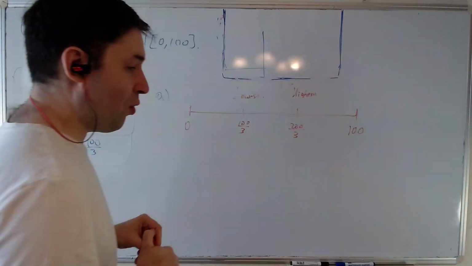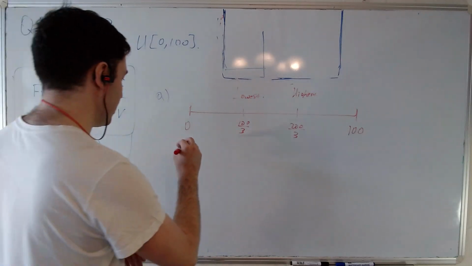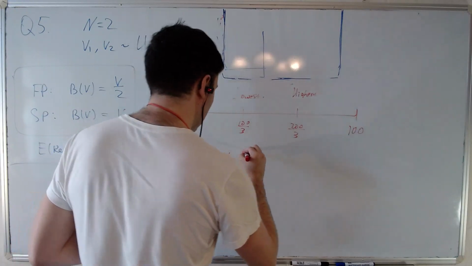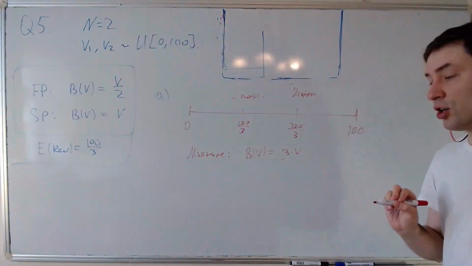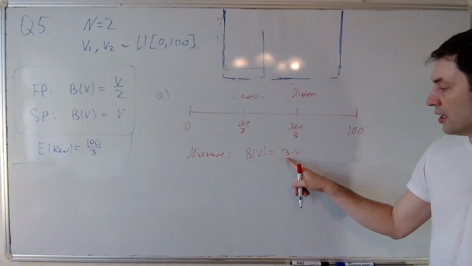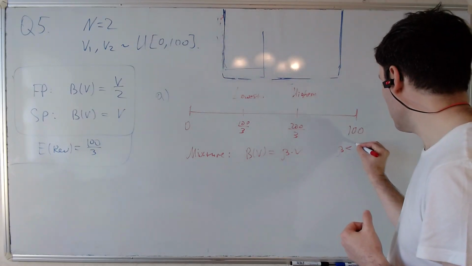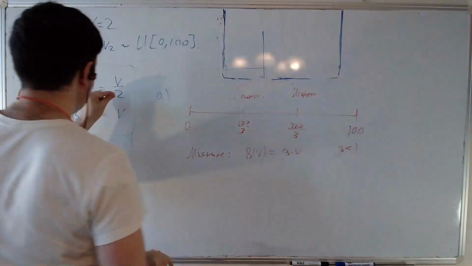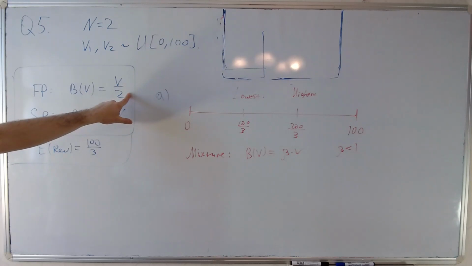So now in this new auction, the mixture, we will assume that bidders are using similar linear bidding functions. They take their value and multiply it by some kind of coefficient. Note that we expect this coefficient to be less than 1, because the mixture is somewhere between these two things. Therefore, you don't have as much incentive to bid your true value, but it's also not as bad as a first price auction.